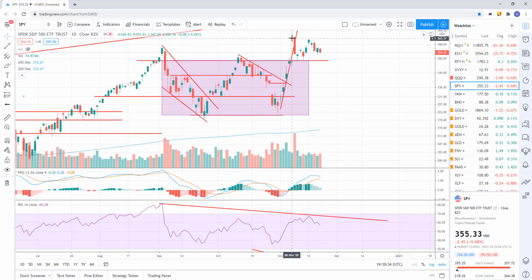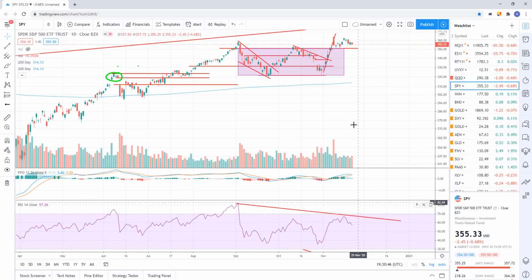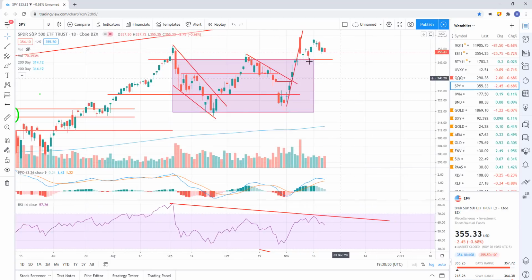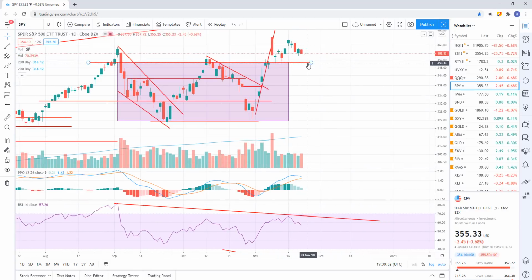You can see since making that marginal high, we've faded and price is back below the previous high. So weak price action: when you get these pops, making marginal new highs and putting in bearish divergence, there's a high probability that they fail. So I think we're going to break down.